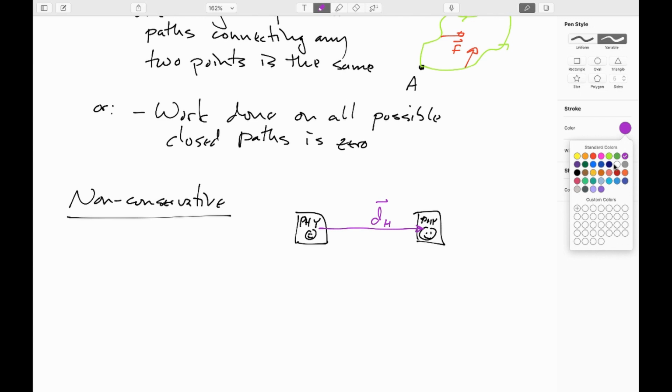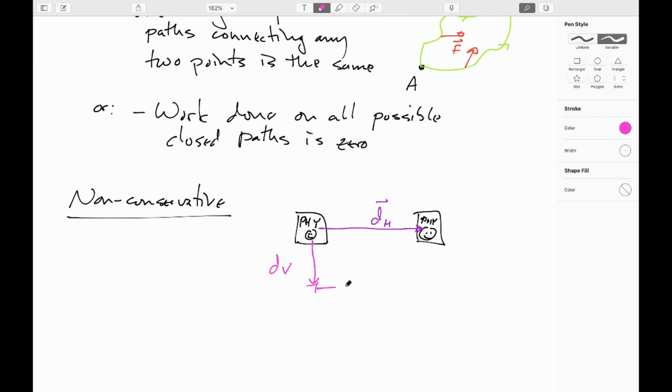And then let's pick a different path. Let's go with this pink path here, where we first displace down some distance d vertical, and then we displace across the same distance d horizontal, and then we displace back d vertical, like so.